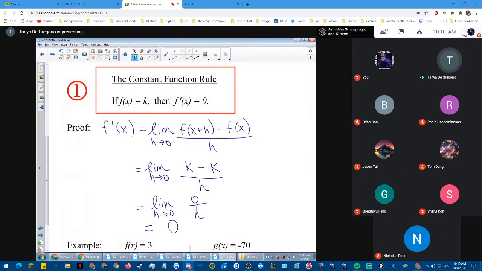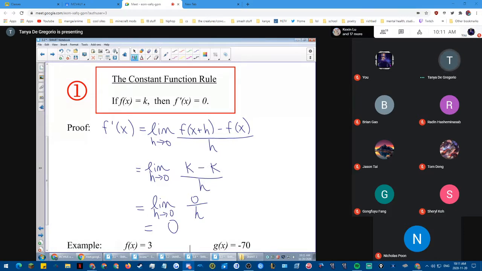Again, I'll say it again. k is just a number. It's not an x value. So I can't do x plus h. It's just a number. I'm still taking the limit here. I'm taking the limit of 0.